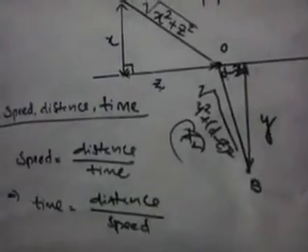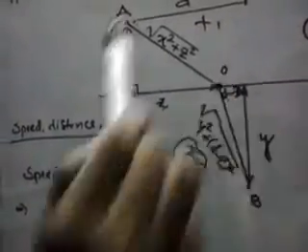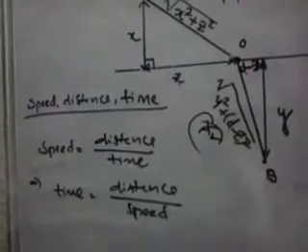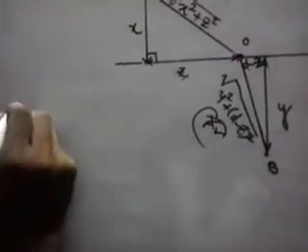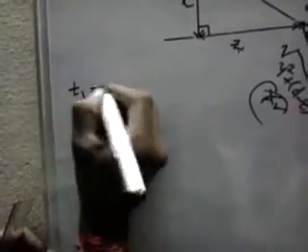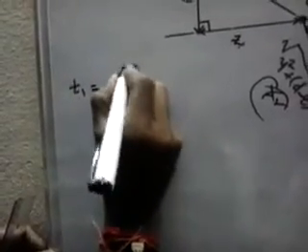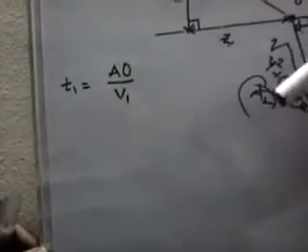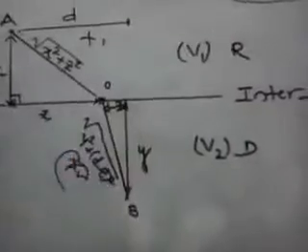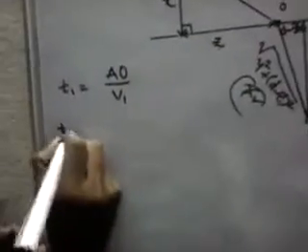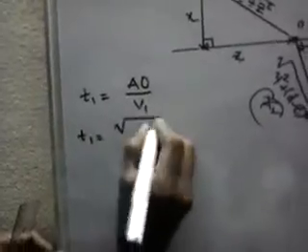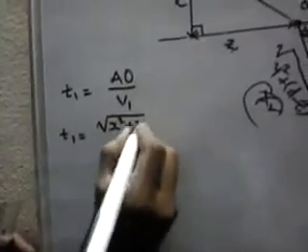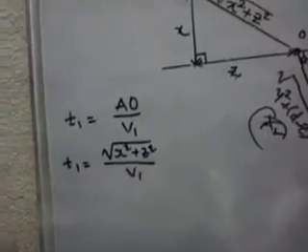Now we are going to calculate the total time taken, which is T1 plus T2. So first of all we will calculate T1. T1 is equal to the distance travelled from A to O, which is AO, divided by the velocity in that medium, V1. V1 is the velocity in the rarer medium. So T1 is equal to root over x square plus z square by V1.